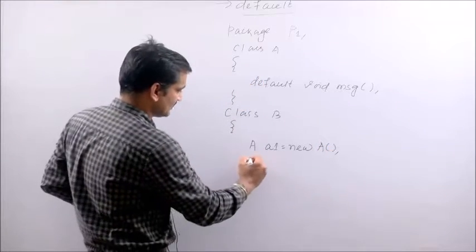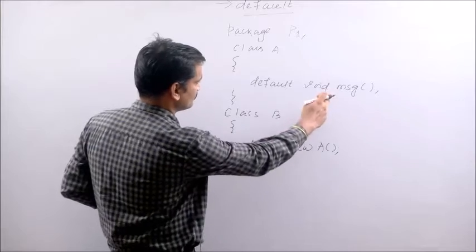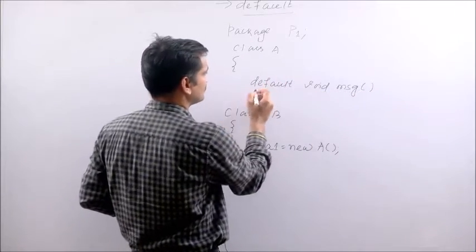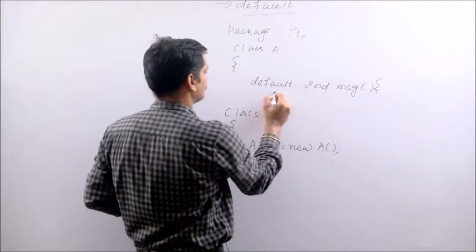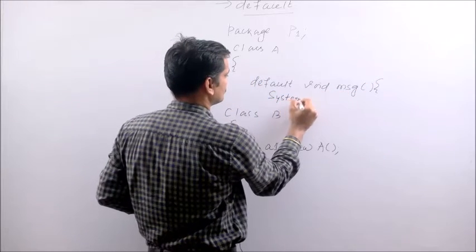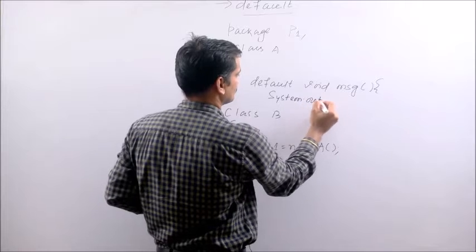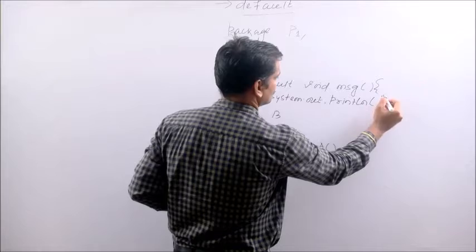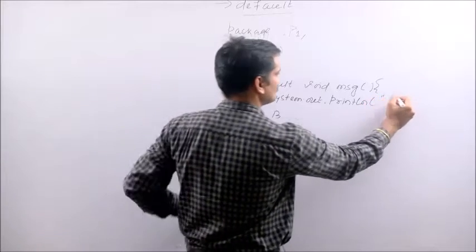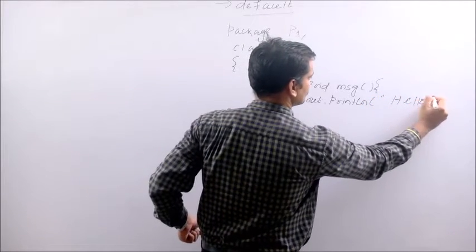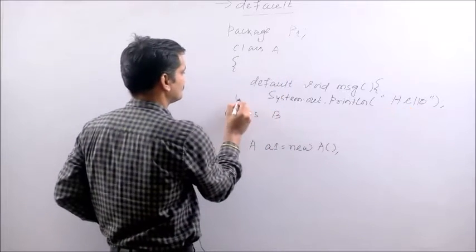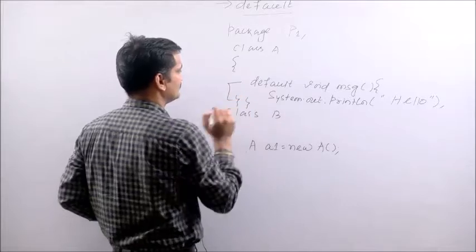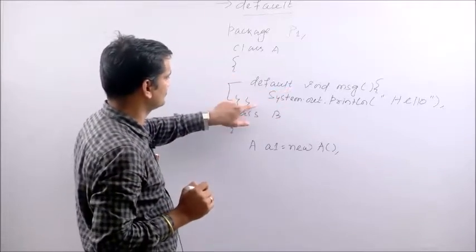Let me define the method here also. This is going to give you a message hello. So, this is the end of the method, then this is the end of the class.